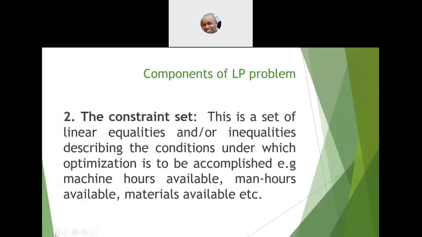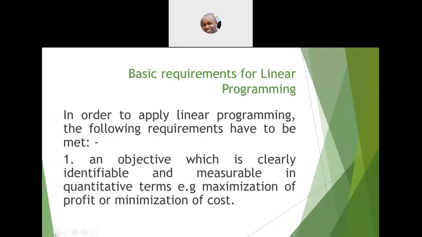We will maximize our output subject to materials available. We shall be able to get highest grades subject to the hours that we put in our revision. So that is the constraint set: our income, the machine hours available, the man hours that we put in our revision, and so forth.